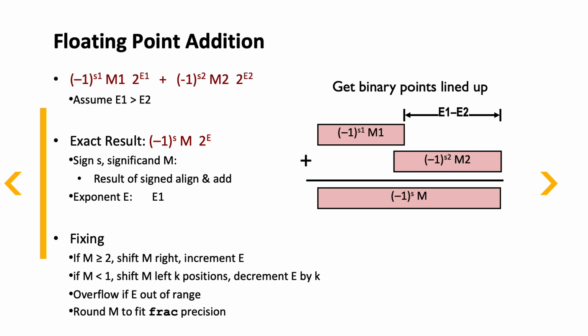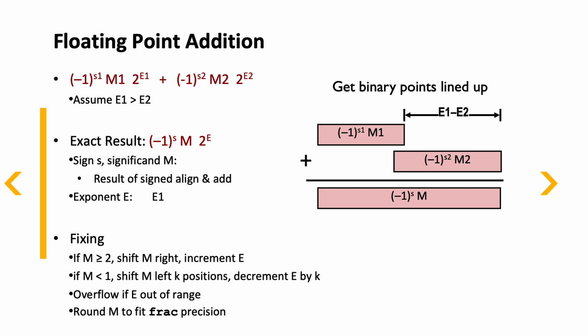And the exponent will end up being equal to E1, assuming E1 is greater than E2. That's the value of E for our result is going to be the greater of the exponents, because we're going to align to that. And then we just do our fixing, just like we did with multiplication. If m is greater than or equal to 2, we shift m to the right and increment e.